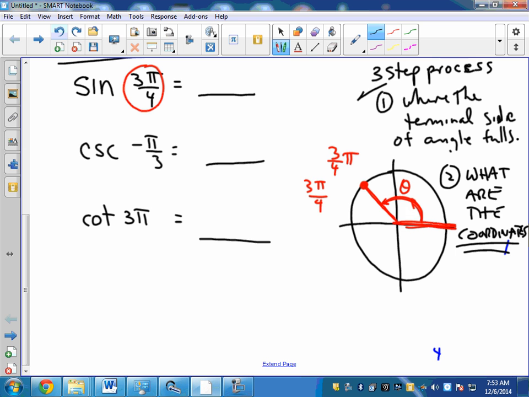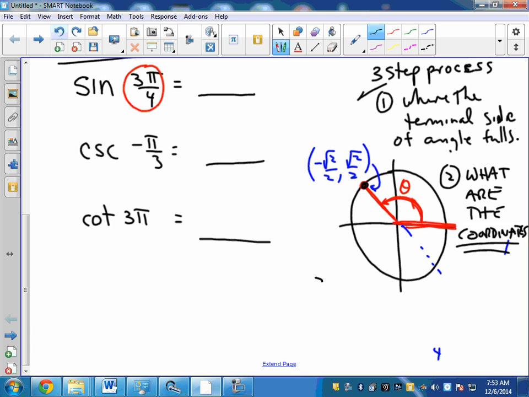You need to have memorized the coordinates for all of these points on the unit circle. And for this particular point, we should know that the coordinates are minus square root of 2 over 2, comma, positive square root of 2 over 2. That would be the ordered pair that fits with that point at the 45-degree line on the circle. Okay, so that's step 2.